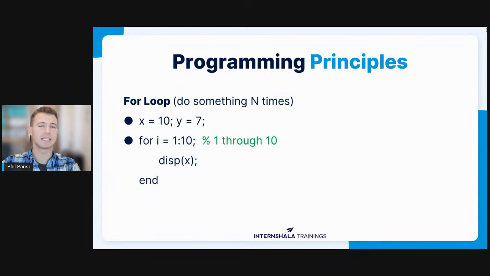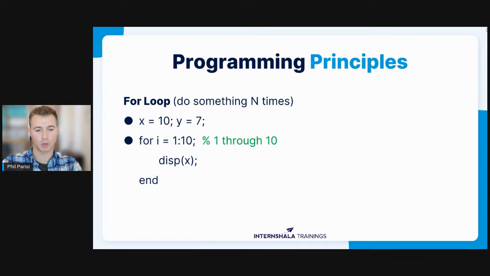And then this is the basic syntax. You write the word for, i equals 1 to 10, and then display x. This is because in this code, all I'm going to do is output the variable of x 10 times. This is an example of how the for loop will do something n times.